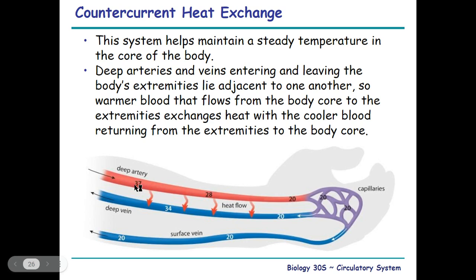So you can see here 37 degrees, and see as it gets farther away, the temperature goes down. Right, this is with the arteries. Of course, then we have it returning in the deep veins, and you can see it's maintaining a higher temperature in the deep veins because it's farther in the body. But then on the surface veins, it does go down in temperature as it returns back to the heart.